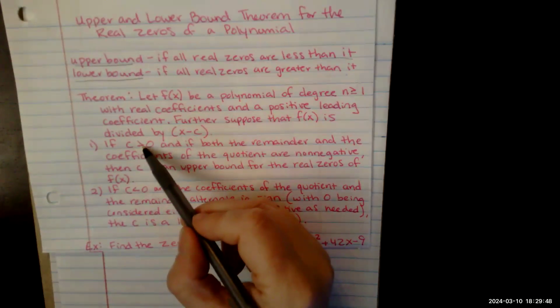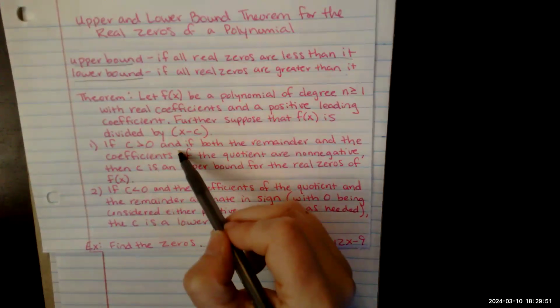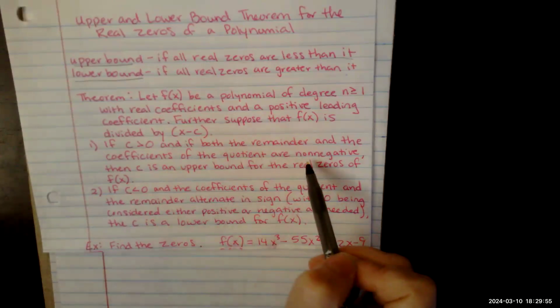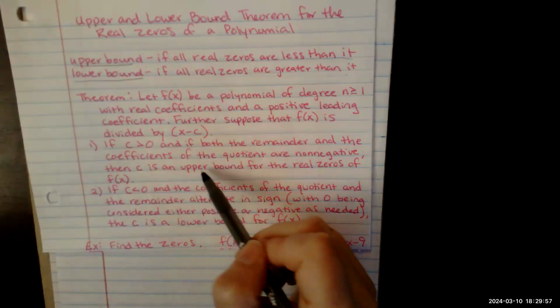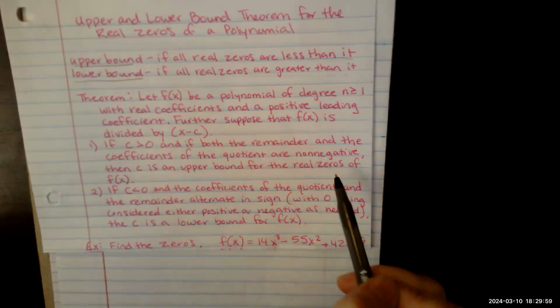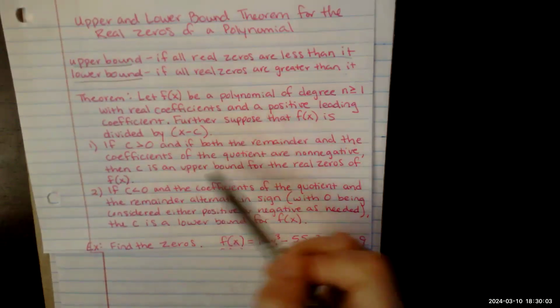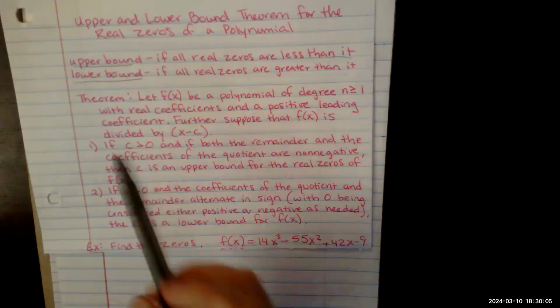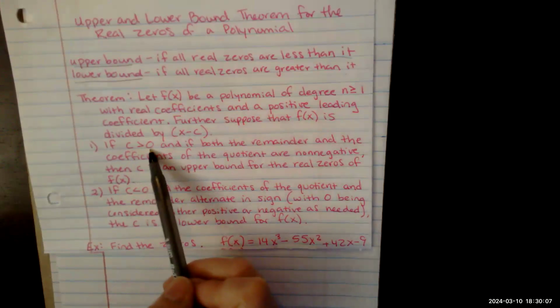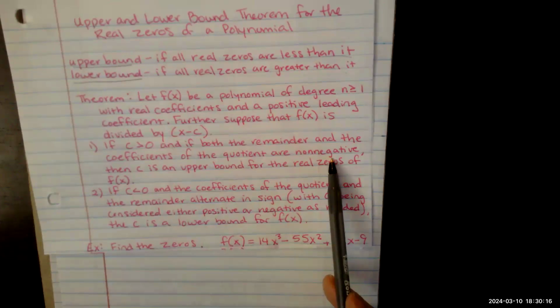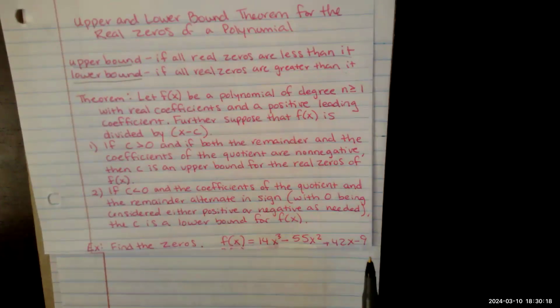If c is greater than 0, and if both the remainder and the coefficients of the quotient are non-negative, then c is an upper bound for the real zeros of f of x. So basically, we're going to be doing synthetic division to test these numbers, right? So if c is a positive number, and when we divide it out, all of the numbers at the bottom that we get with synthetic division are non-negative, meaning they're either positive or 0, then it is an upper bound.